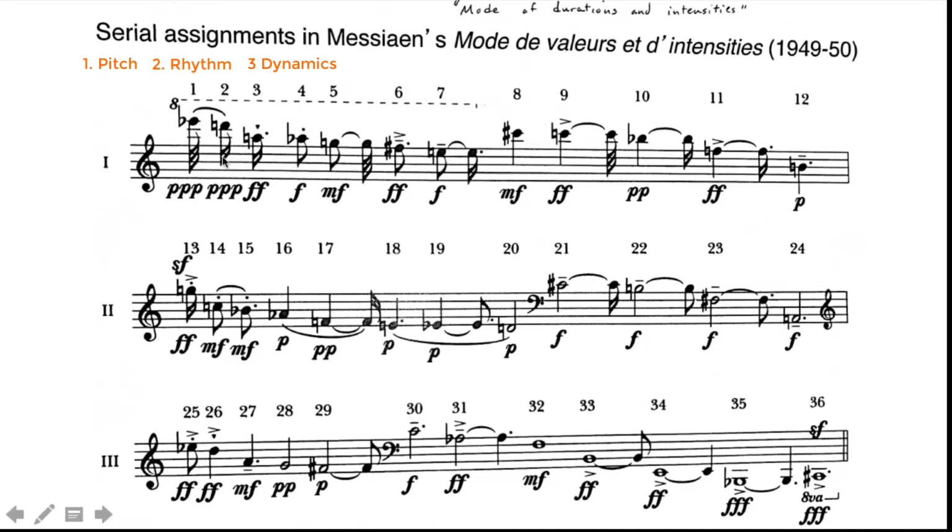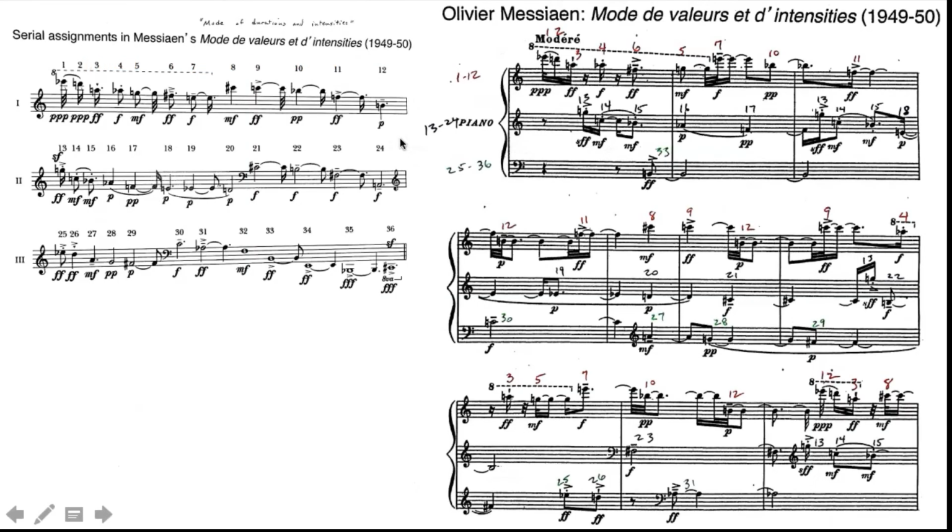And a fourth element is introduced here, and that is the articulation. So we have now not only a serialization of pitch and rhythm and dynamic, but we also have a serialization of articulations.